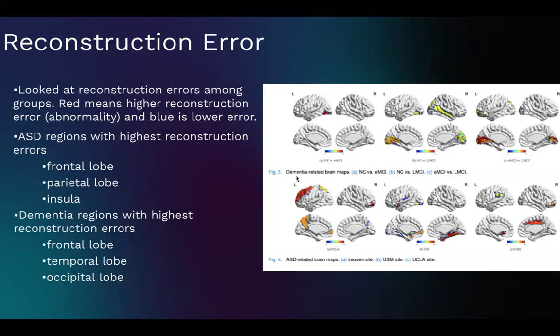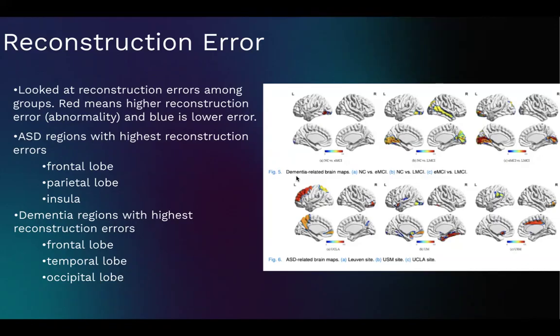From there, they looked at the difference between the reconstruction error for each group, and they compared them with the differences in healthy controls' reconstruction errors. So I think with these areas that have a higher reconstruction error, you can obviously tell there's something different between the groups that they're comparing. That could be an indication of some kind of anomaly or something that could be used as a biomarker for a specific group difference.